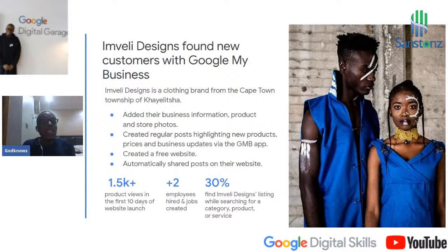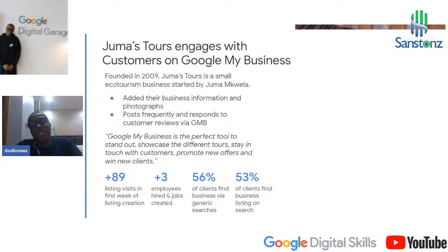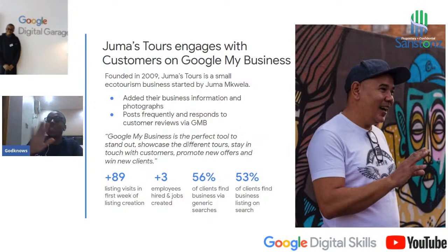So he actually created more jobs just by getting into Google My Business. Then number three, 30% found Imveli Designs' listing while searching for product categories, products or services. So these are the amazing things he got just by getting into Google My Business. For me, that is amazing. And all these are for free.